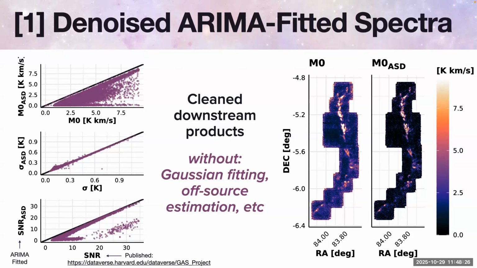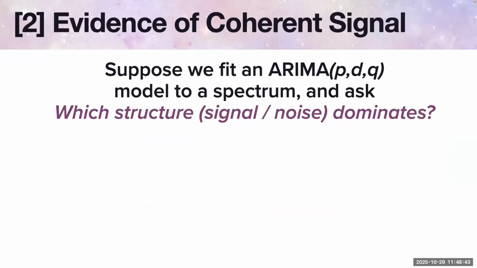But the other thing is that ARIMA explicitly considers and accounts for channel-adjacent correlation in this process, whereas Gaussian component fitting doesn't. It's just, you know, fit a shape. So yeah, that's product number one, a benefit, but not necessarily the point.